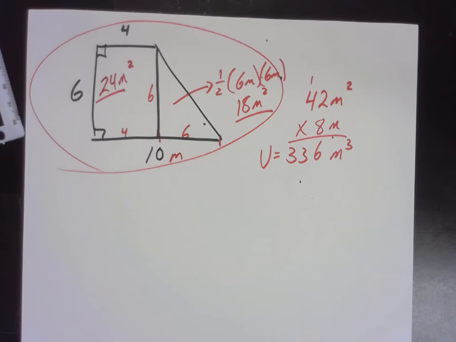No. But wouldn't you have the same amount of space to move around in it? Your head would hit the wall. I'd have to crouch just a little bit, but I'd be able to walk around.